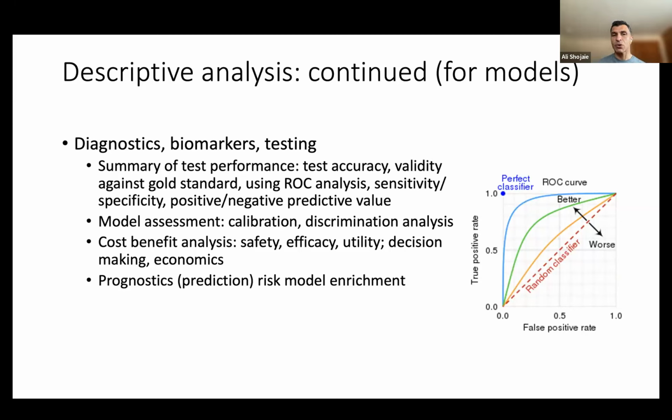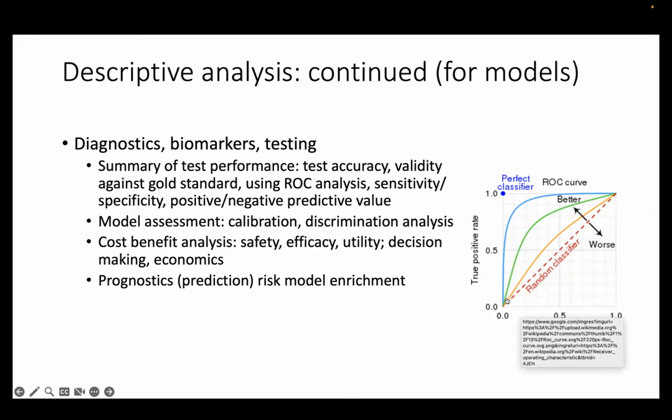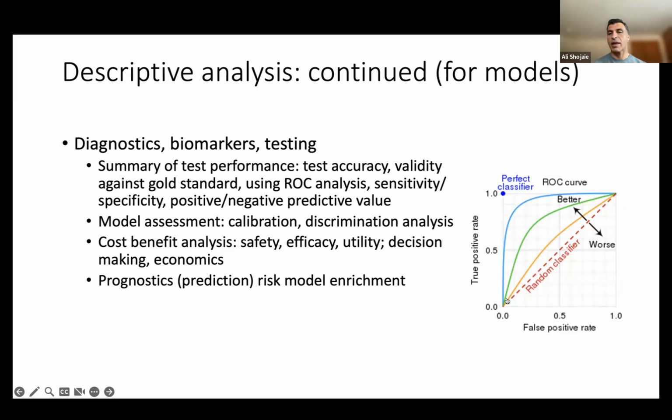It's a very useful tool that basically on the y-axis you have the true positive rate, on the x-axis you have the false positive rate, and if you have a classifier that is basically just randomly guessing whether it's a case or control, then you would have a 45-degree line, and then the higher that line goes towards the top, which is a perfect classifier, the better classifier you have, and the lower that line goes, the worse classifier you would have.